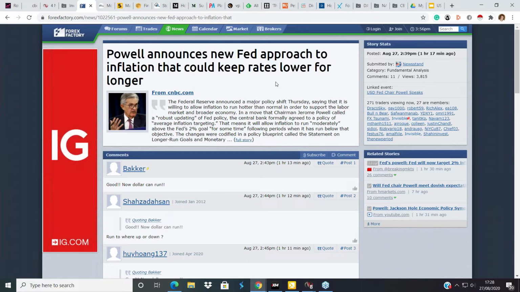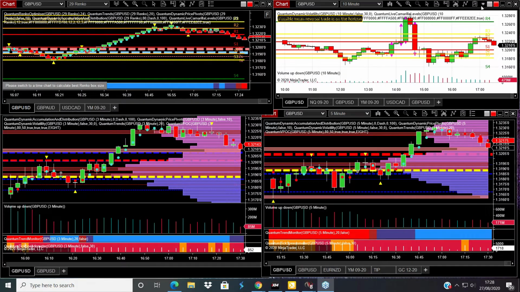Now, what he has basically said is that they're going to be more flexible in this 2%. And what he's actually saying is that they are going to be prepared to maybe let it run higher than 2%.